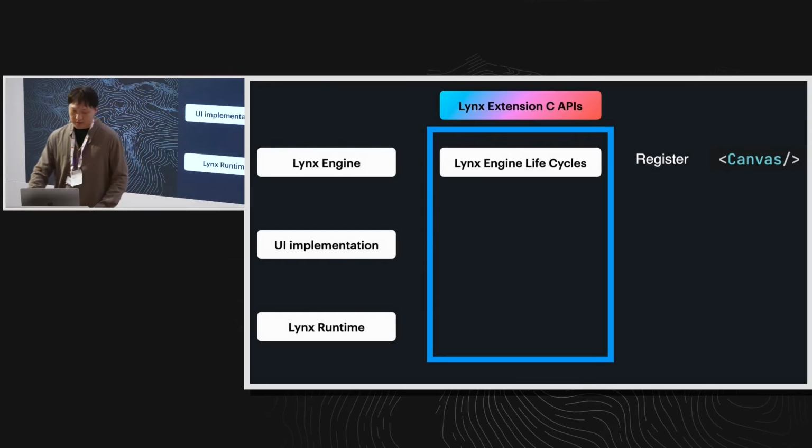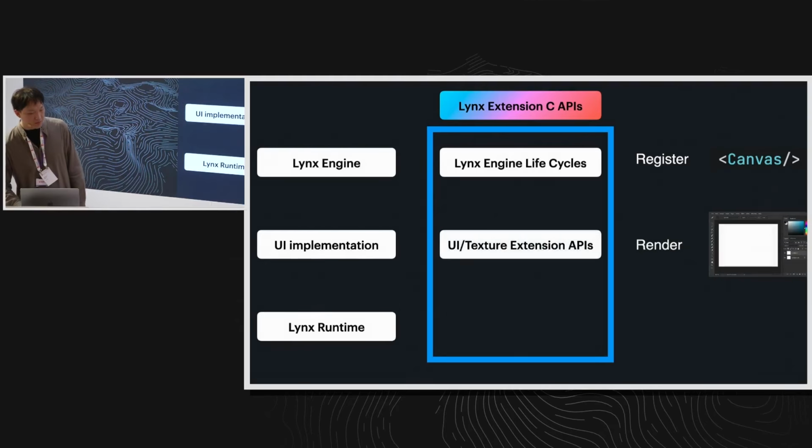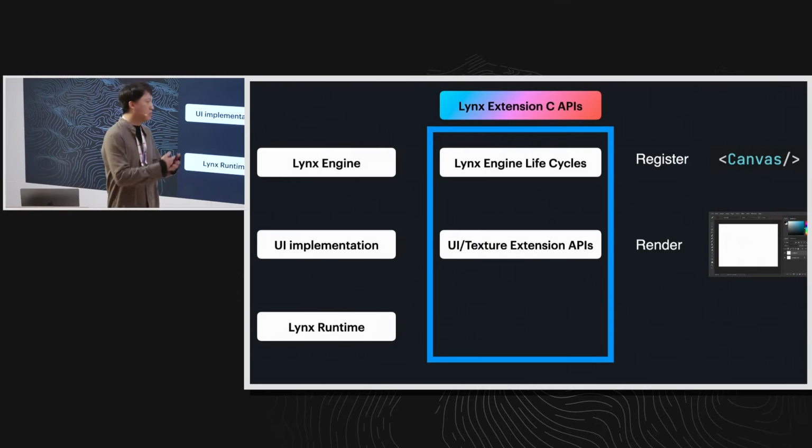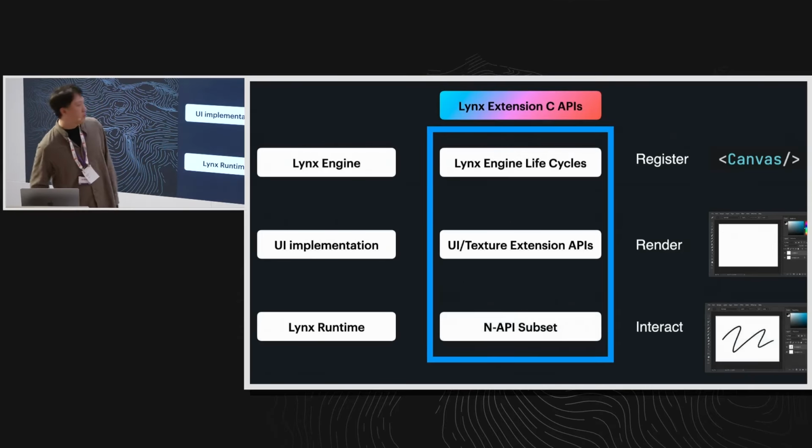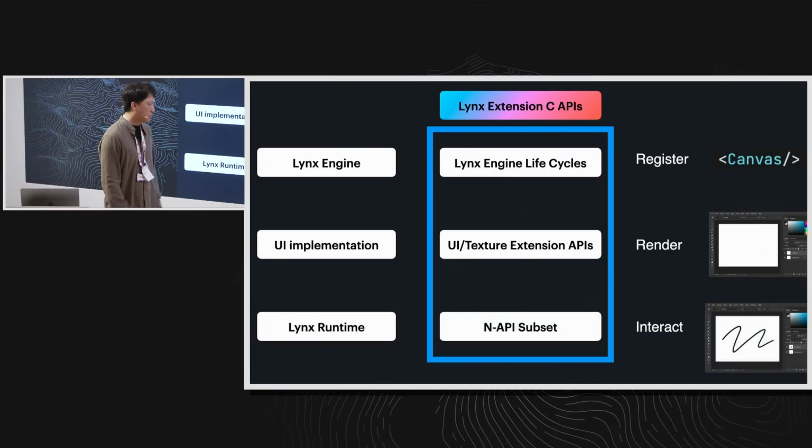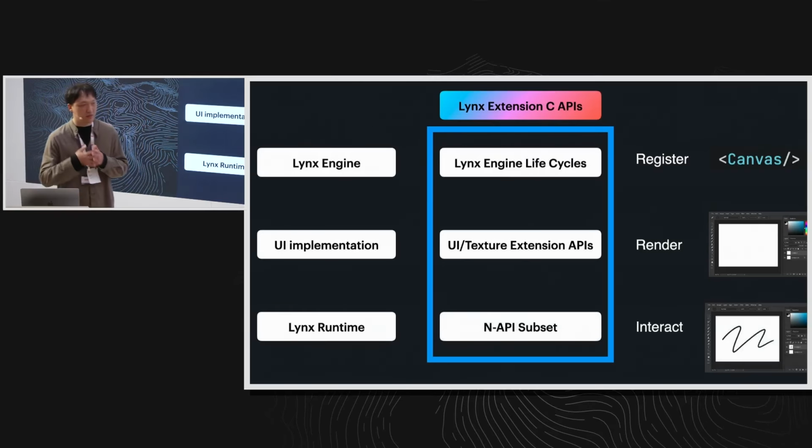And we are providing some UI or tester extension API where the extension maker can have their tester embedded into Lynx. And the Lynx runtime is also exposing a subset of the Node API, which developers can use to write code in the open standard to have their JavaScript function exposed to the front-end coder.